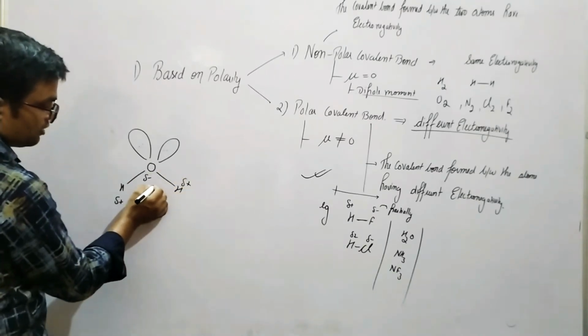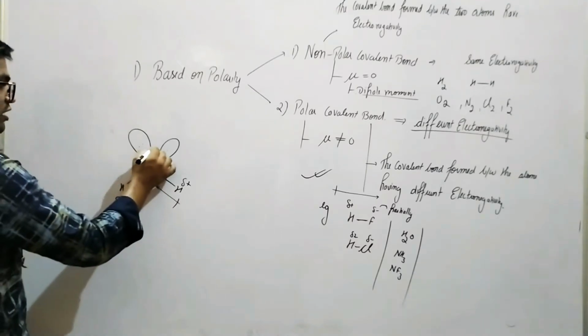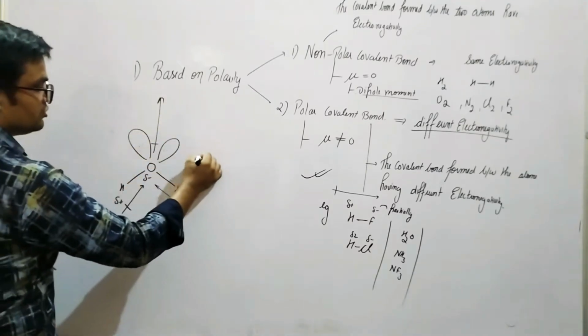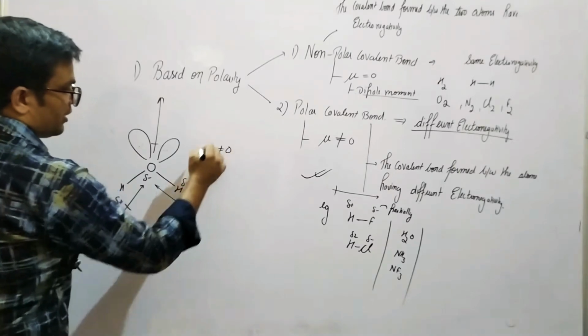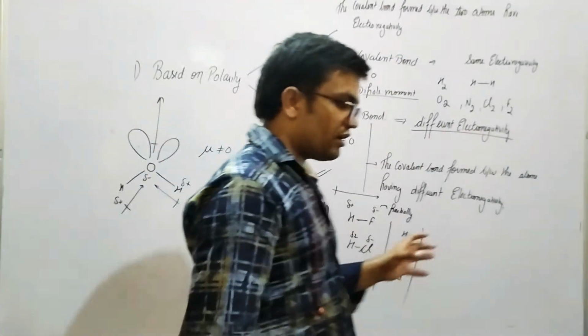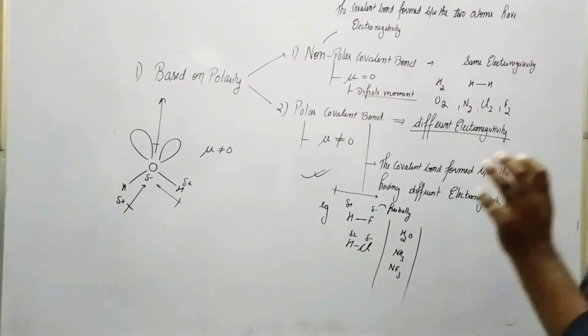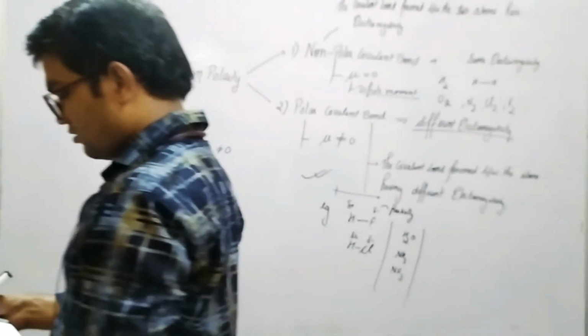The arrows will be like this and like this, and the net direction will be here. Hence, nu is not equal to 0. Where a dipole moment exists, the net dipole moment should not be equal to 0. The molecules which have net dipole moment not equal to 0 are polar covalent.